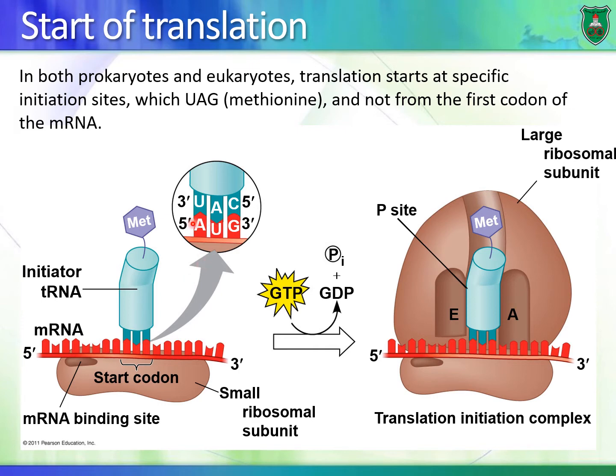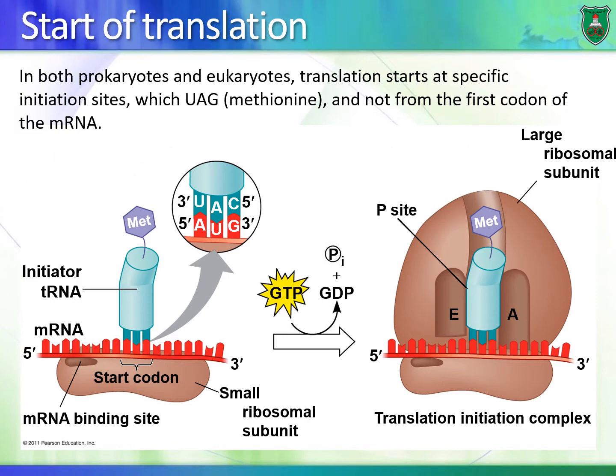So right here, AUG. So you have interaction with the anticodon, CAU, anti-parallel, remember. Okay, and once you have binding of this tRNA that carries methionine, that leads to binding of the large ribosomal subunit. Now you have this translation initiation complex formed.